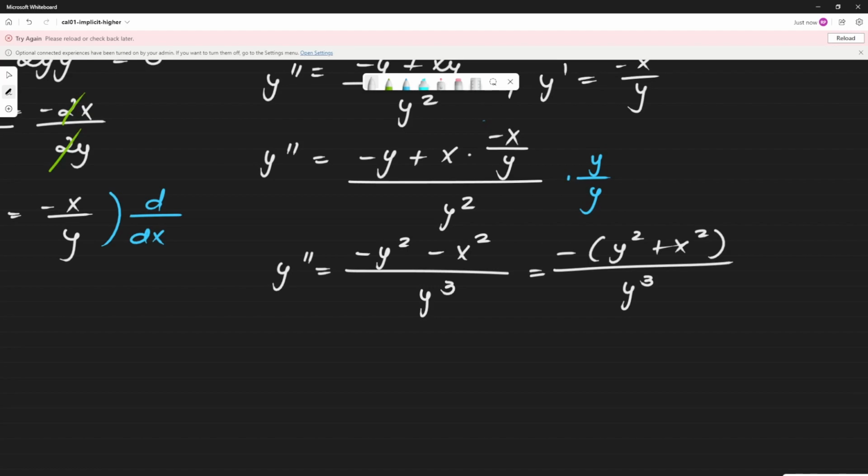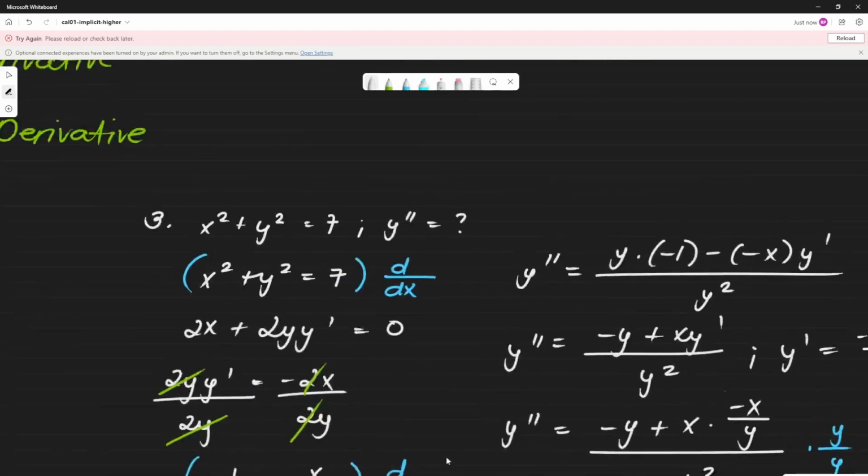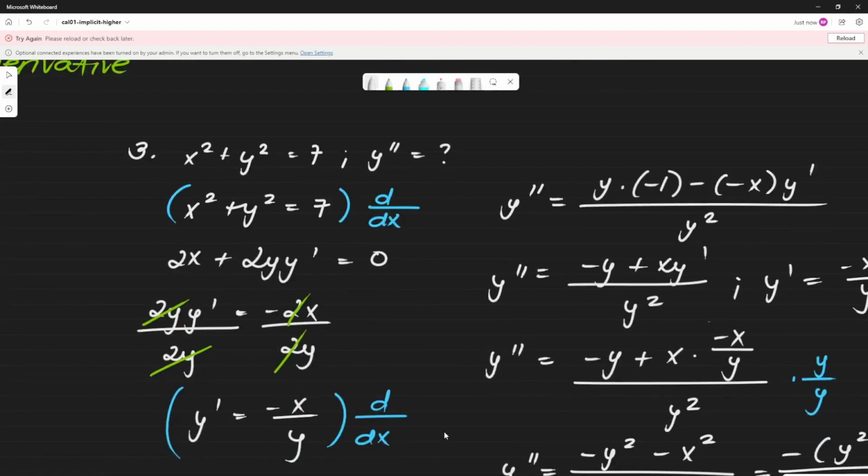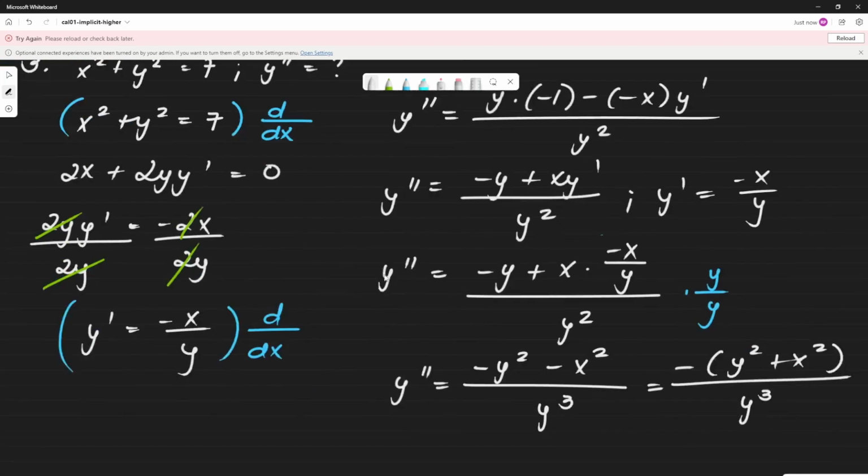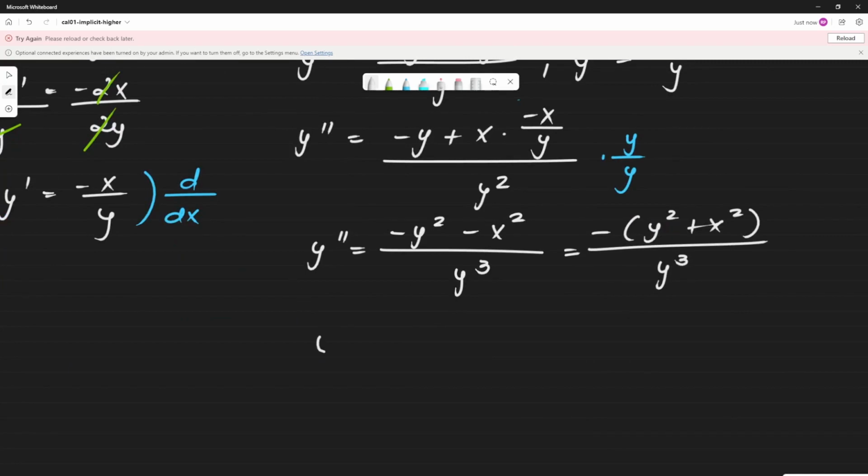No. Why? Because, guys, let's go back to the given. We are going to make as many valid substitutions as possible. In this case, we have x squared plus y squared is equal to 7. So we can substitute y squared plus x squared with 7. Hence, our y double prime is actually equivalent to negative 7 over y cubed.